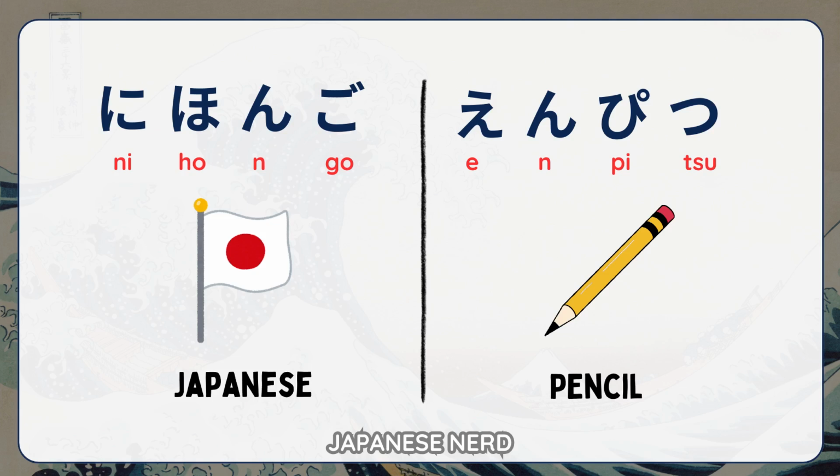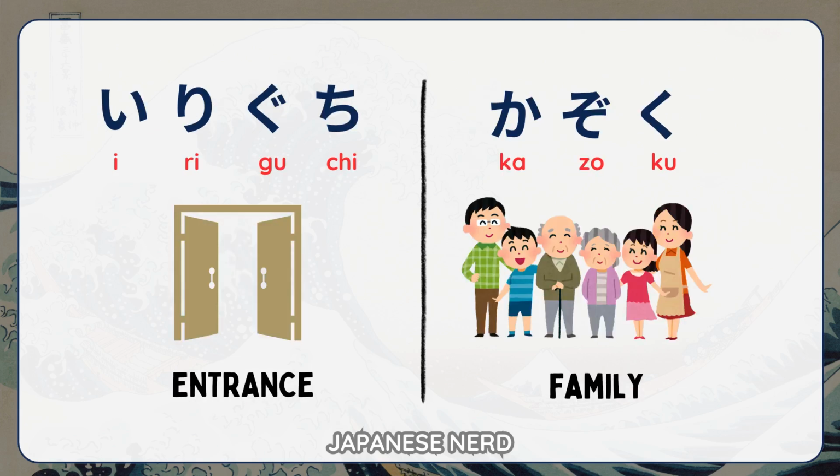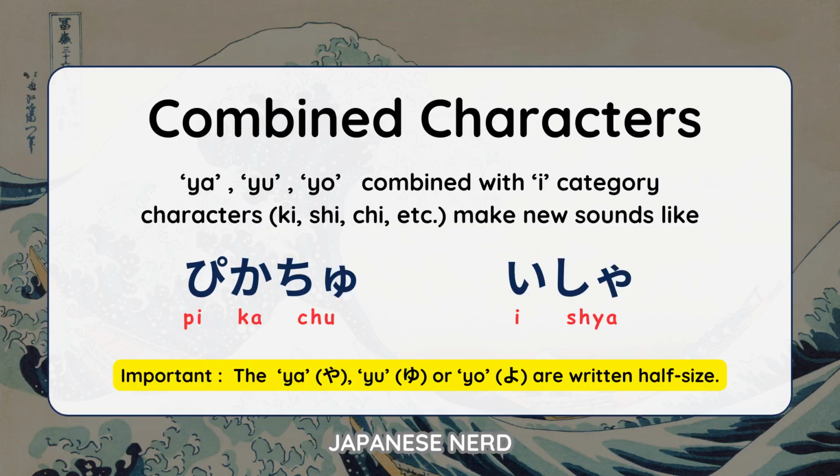Nihongo, Japanese. Enpitsu, pencil. Iriguchi, entrance. Kazoku, family. Some more sounds in Japanese can be made by combining characters.